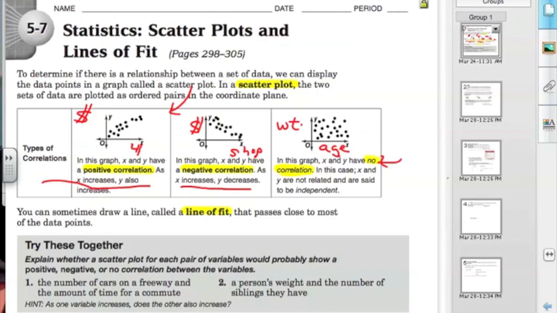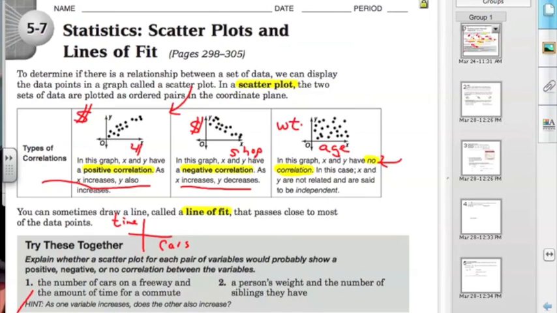Situation 1. The number of cars on a freeway and the amount of time for a commute. So I want you to think about this. Visualize this on a graph. Here is the number of cars. Here's time.